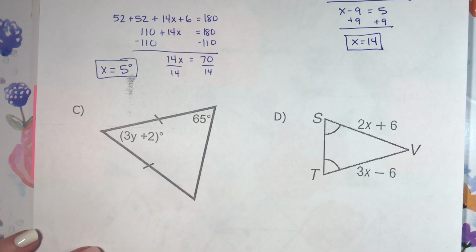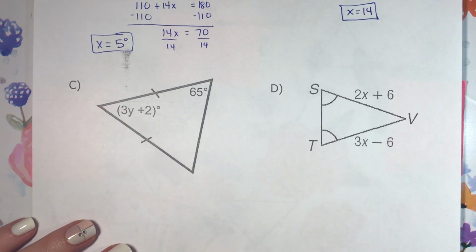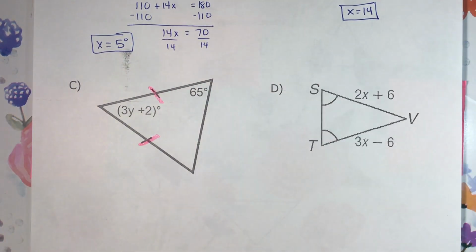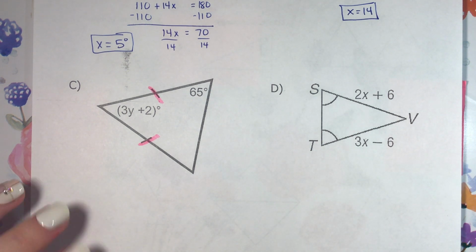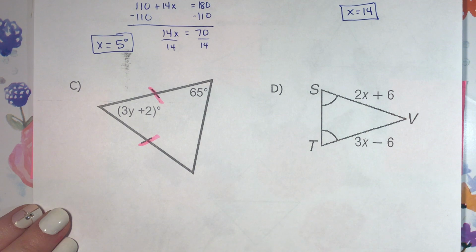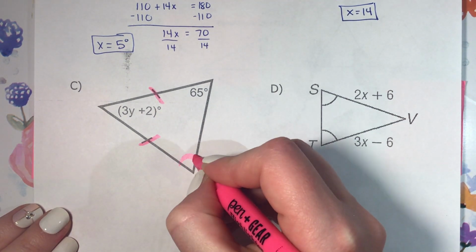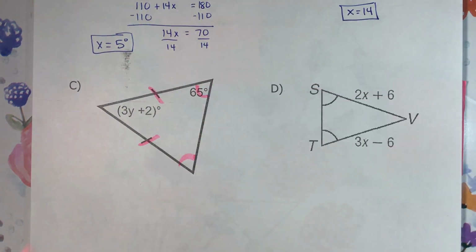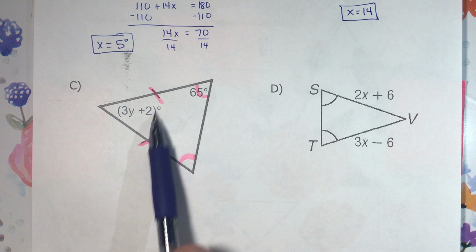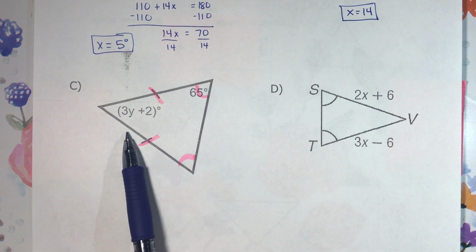Let's keep trekking along. Do not let orientation throw you off. Here, I have two sides that are congruent to each other. That means the angles opposite of those sides are also congruent to each other. So this angle is congruent to this angle. All I'm trying to do is solve for y because that's the only variable in this problem. But how am I going to do that?